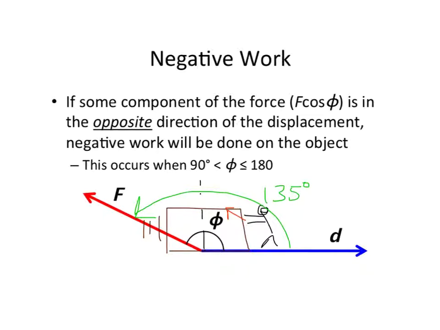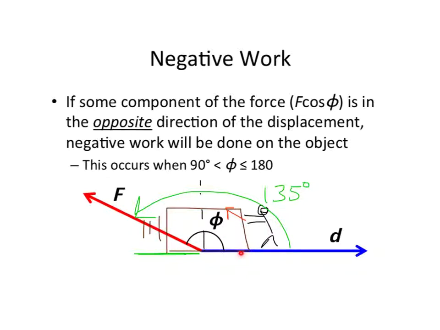Well, it's going to be negative something. The cosine is giving you the x component or the adjacent component, and so it's giving you this right here, that distance. And that would be a negative distance if you call this your origin. So this F at an angle greater than 90 degrees causes your work to be negative, or causes you to be doing negative work on this object.